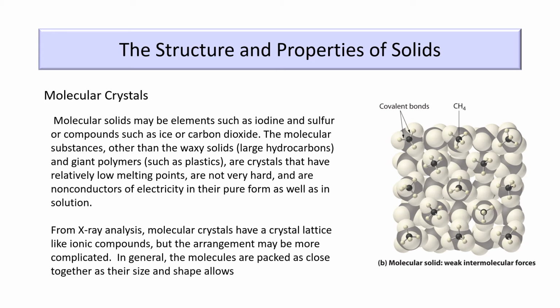From X-ray analysis, molecular crystals have a crystal lattice like ionic compounds, but the arrangement may be more complicated. In general, the molecules are packed as close together as their size and shape allows.